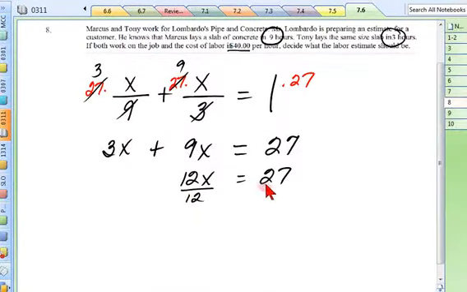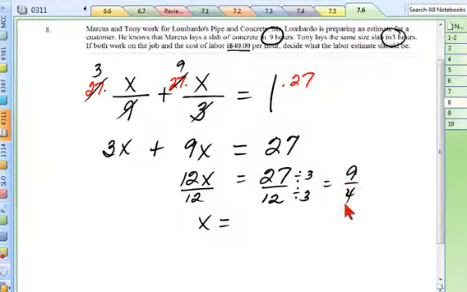Divide by 12. X is equal to, I can simplify this. What will go into both 27 and 12? 3. So if I divide each of these by 3, I get 9/4. Now, I don't have to change that to a mixed number because that's not what the question is. So I'm going to leave it improper.